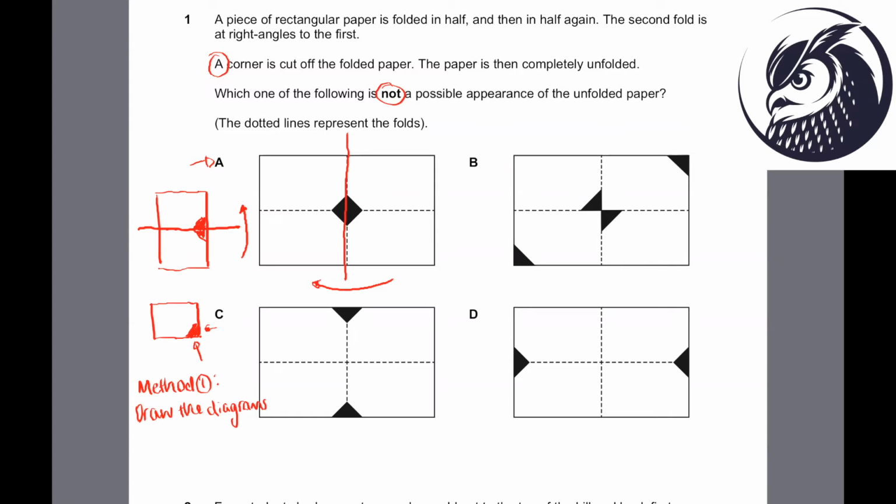So what I'll tell you now is the second method, which would be more useful in the exam setting. And it's a bit of a shortcut method. With this shortcut method, what we need to do is look for symmetry across the middle vertical fold.